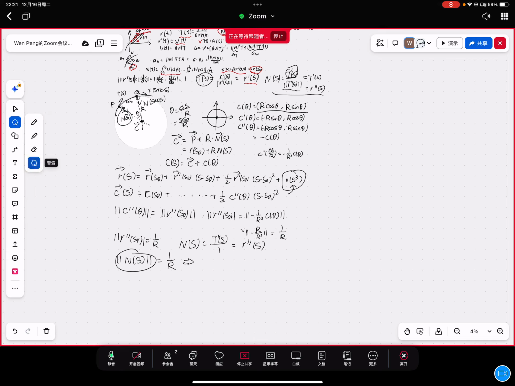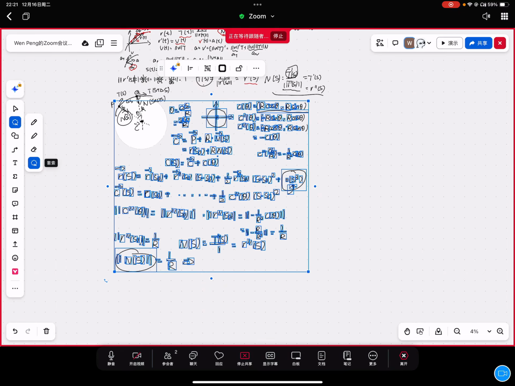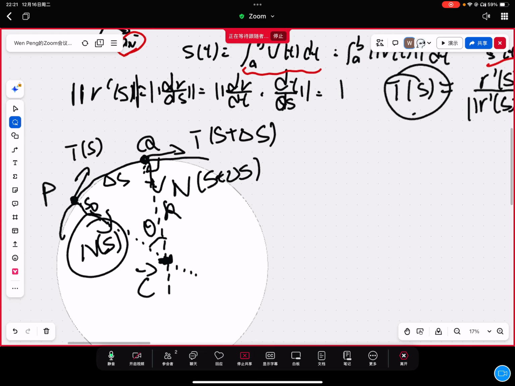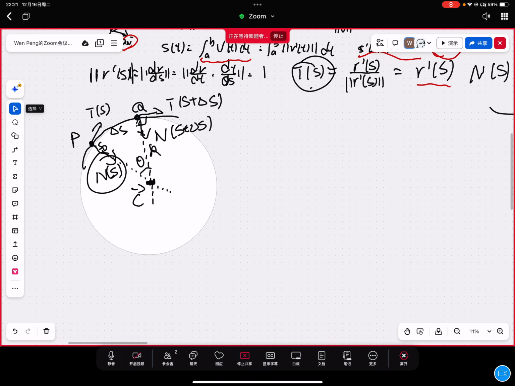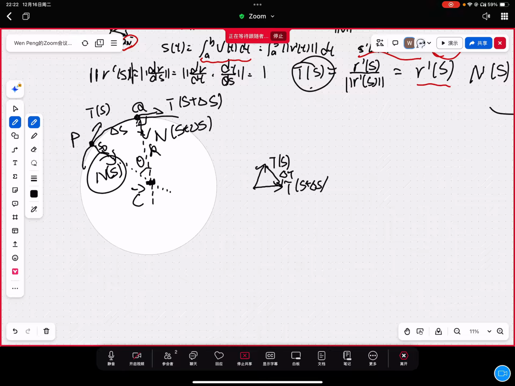But a simpler way to do this whole thing is, you see, we already found the circle. So let's examine this circle more closely. If we take the vector t of s, and the vector t of s plus delta s, and also this delta t here, this is a triangle.